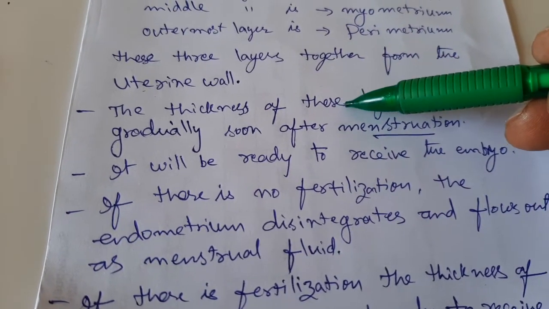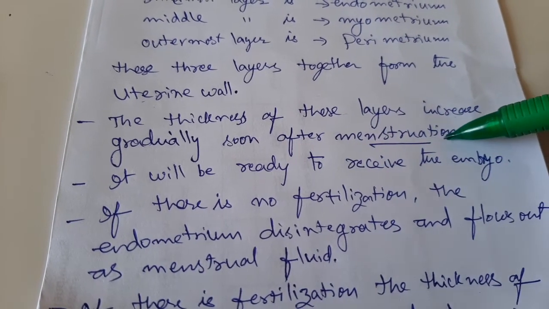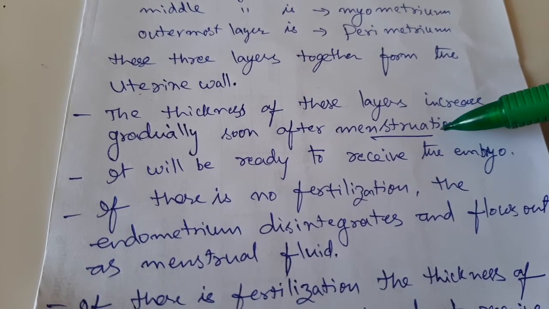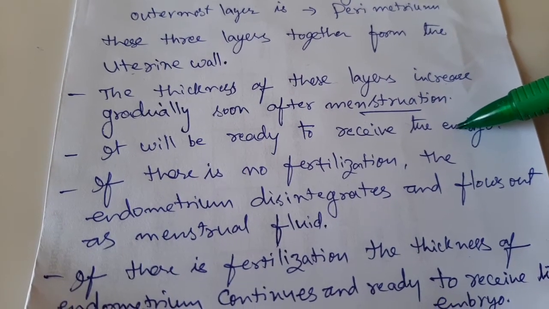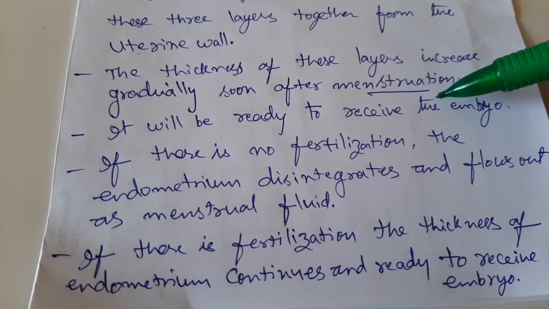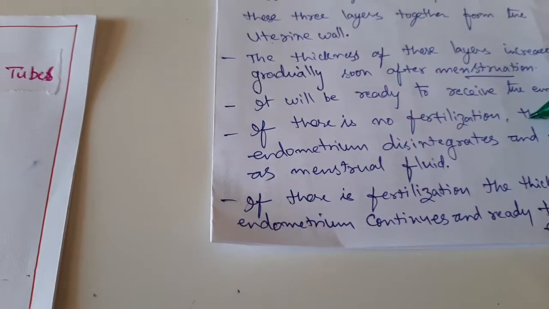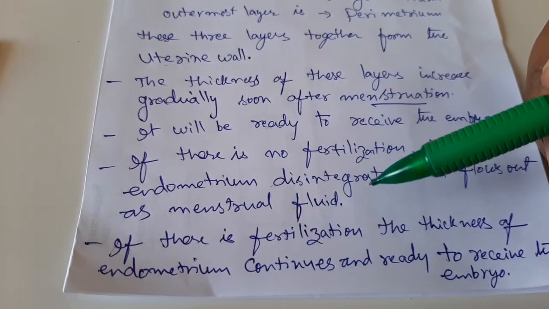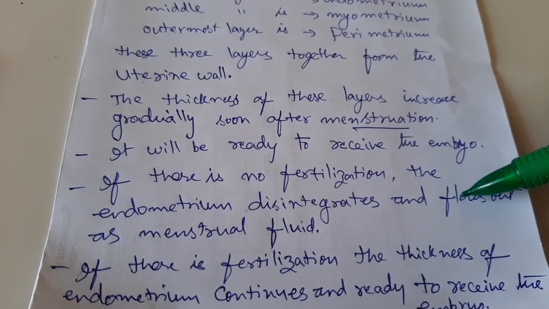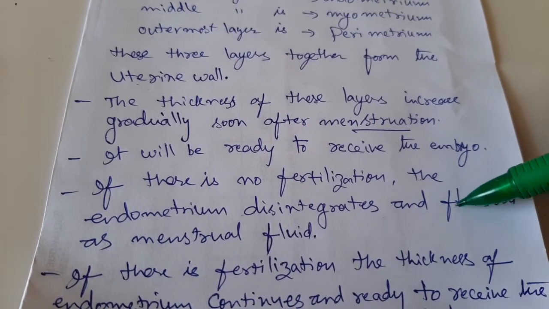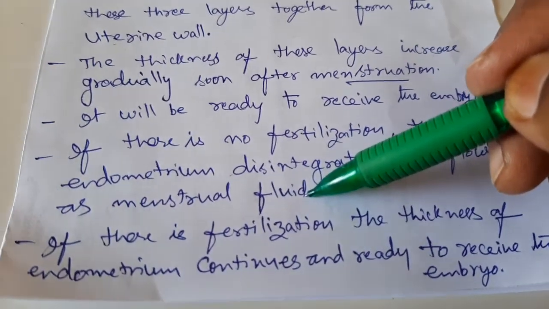Next point. The thickness of these layers increases gradually soon after menstruation. The wall will be ready to receive the embryo after fertilization. If there is no fertilization, the endometrium disintegrates and is sent out through vagina as menstrual fluid.